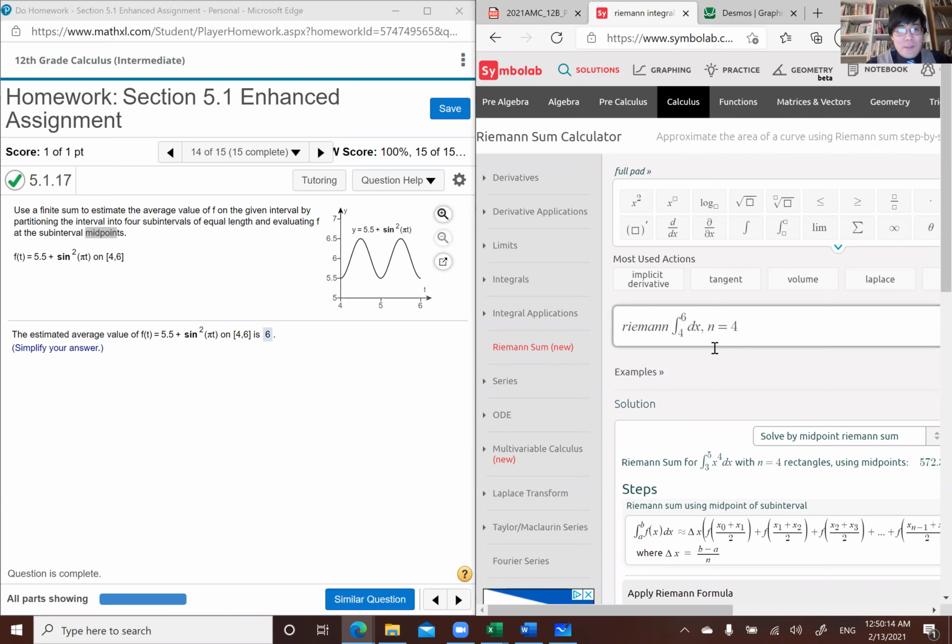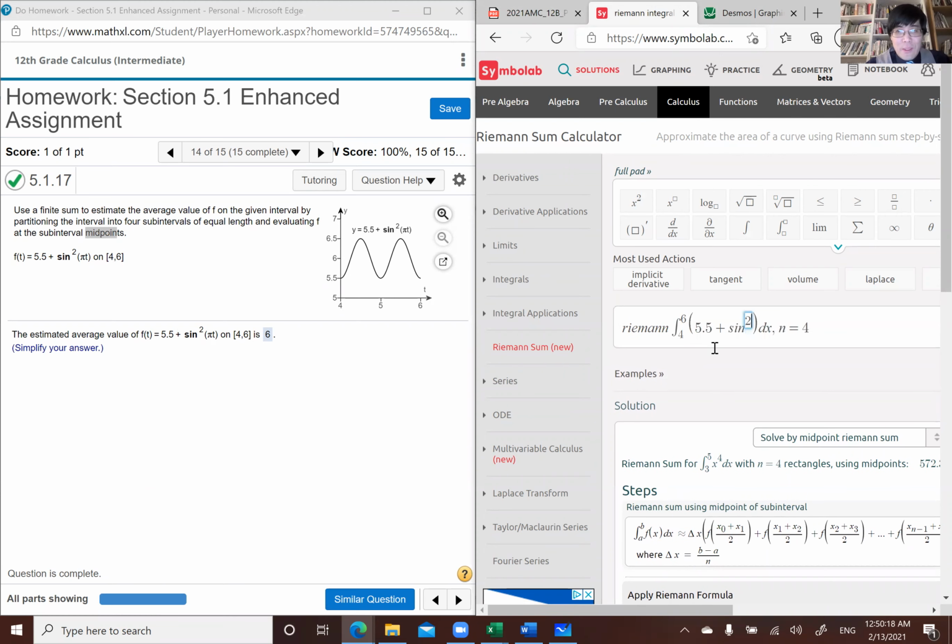The function is 5.5 plus sine squared of pi x. The number of subintervals is going to be 4 again.